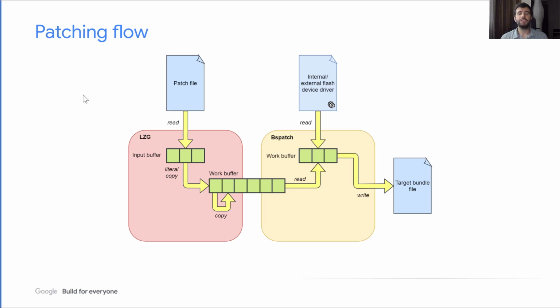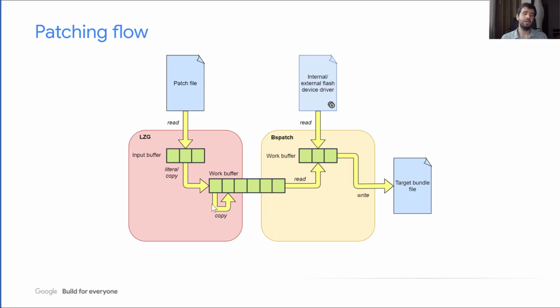The flow is the following. LZG reads the data from the patch file until it fills its input buffer or there is no more data in the patch file, and then LZG consumes the input buffer by doing either literal copies from the input buffer to the work buffer or by reading commands from the input buffer and doing the associated copies from the work buffer to itself.